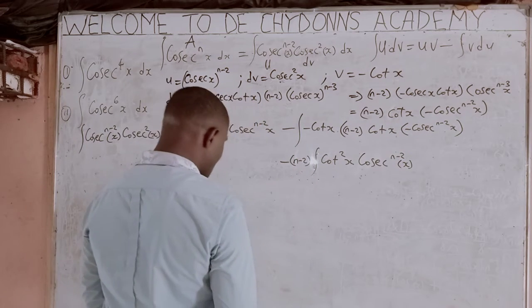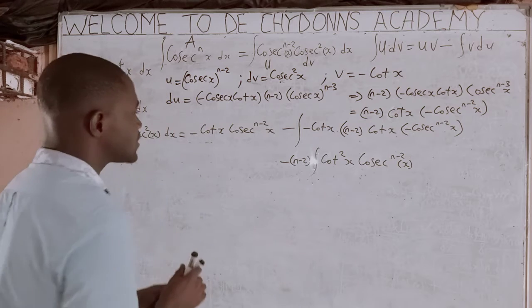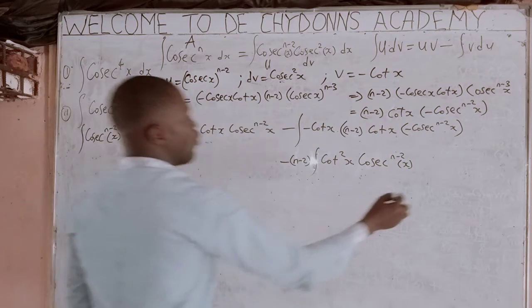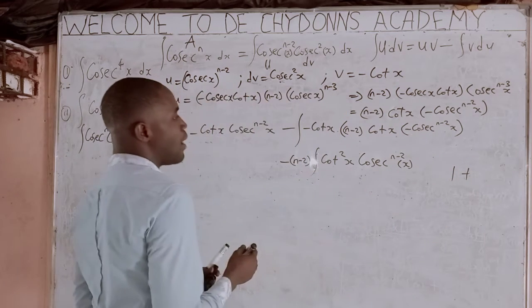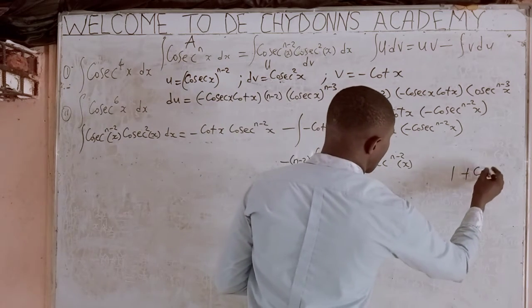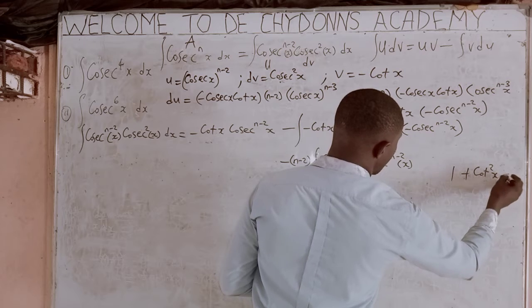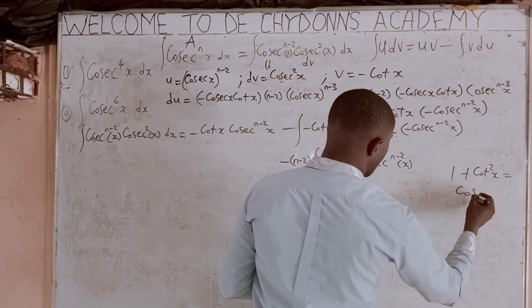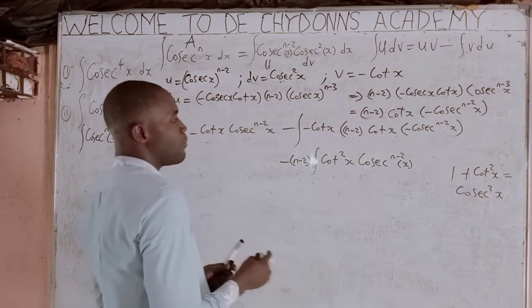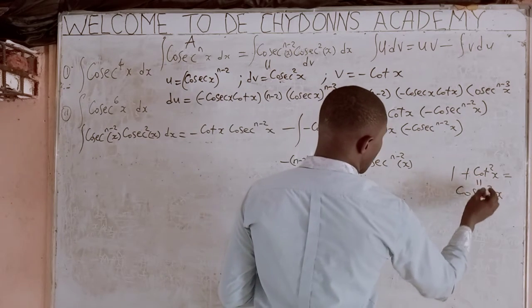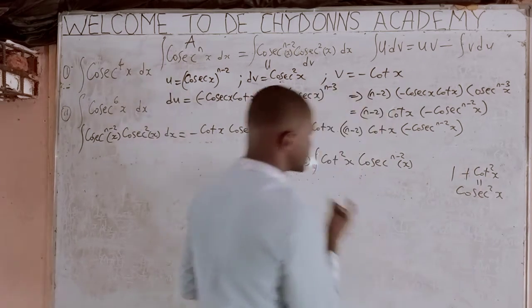Now it is noted that 1 plus cot squared x is equal to cosec squared x.